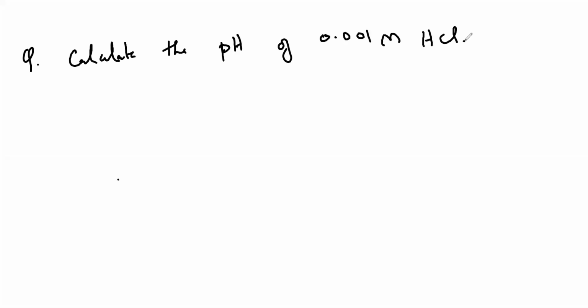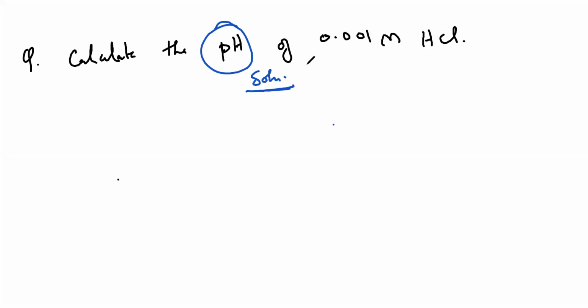Next question. Calculate the pH of 0.001 m, that is molar HCl. For this, first thing is the solution we would write. Here the question is to find the pH.